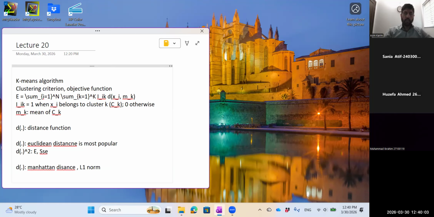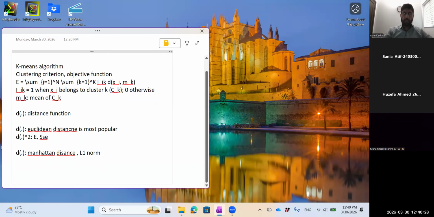So this does not square the values. In other words, it's less prone to the influence of outliers. And of course, cosine similarity is also commonly used. In that case, since it's a similarity, you'll have to maximize that error function. Okay? So cosine similarity is commonly used as well.